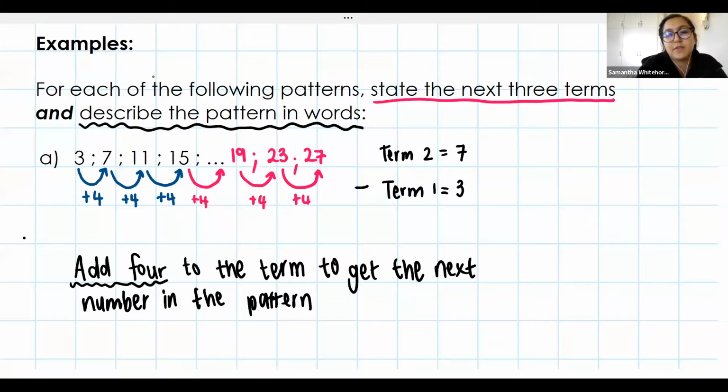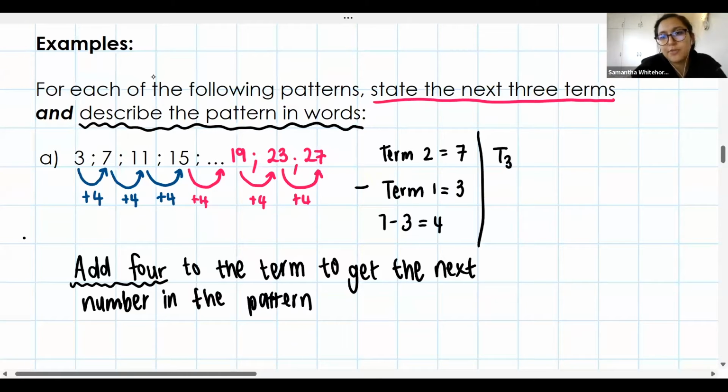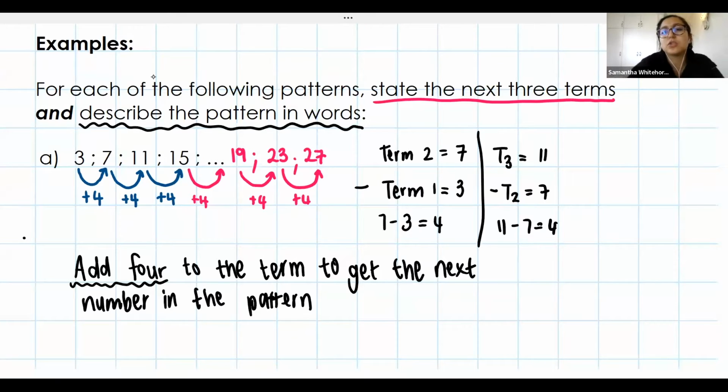So if we say 7 minus 3, we get our constant difference of 4. And we can do that with any, as long as it's the one before and the one after. So we could take term 3, which is 11, and subtract term 2, which is 7. And again, 11 minus 7 is 4. So if you take the difference between consecutive terms, you can get the difference there as well. Okay, ma'am, I understand now. Good. Thank you.